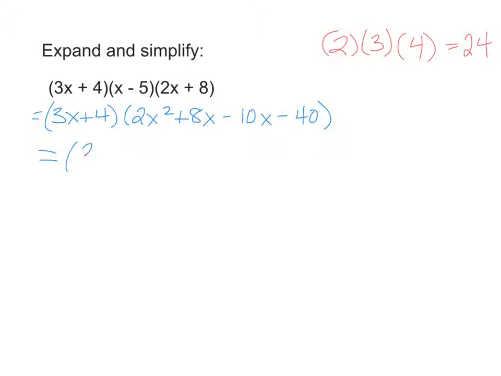So I'm still going to leave that 3x plus 4 for now because I want to simplify this polynomial in the second bracket here first to 2x squared minus 2x minus 40. I just combined the two middle terms there, the 8x and the negative 10x to get negative 2x.